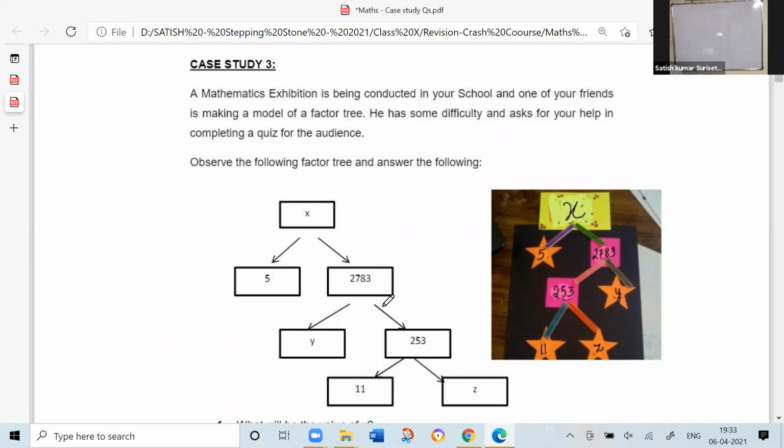A mathematics exhibition is being conducted in your school and one of your friends is making a model of a factor tree. He has some difficulty and asks for your help in completing a quiz for the audience. Observe the following factor tree and answer the following.